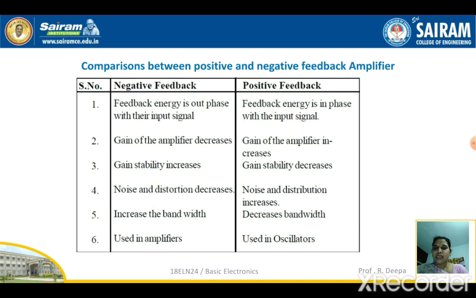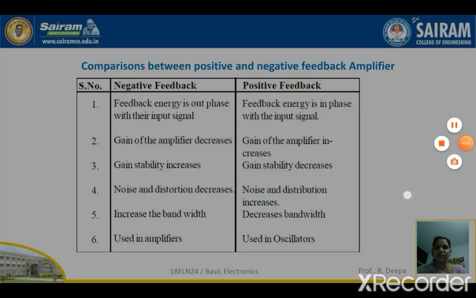In negative feedback the bandwidth is more, whereas in positive feedback the bandwidth is less. Coming to the applications, negative feedback is used in amplifiers, whereas positive feedback is used in oscillators. So these are the comparisons between negative and positive feedback amplifiers.